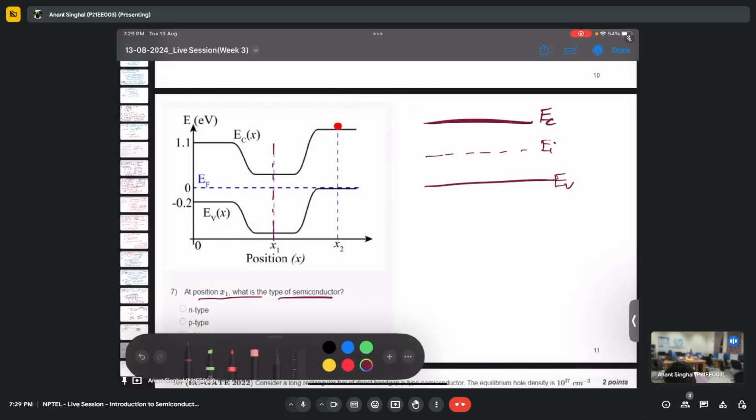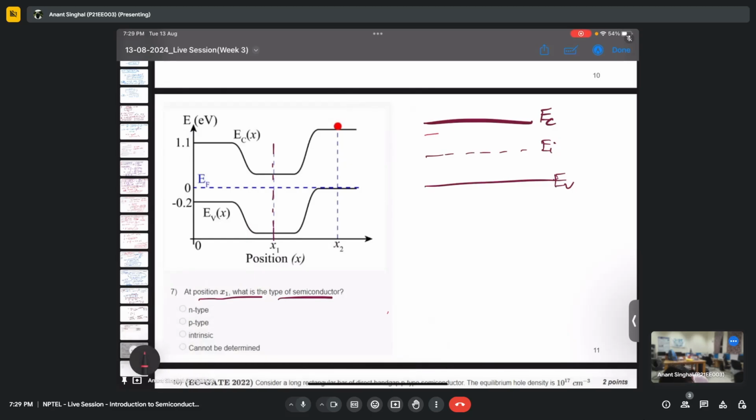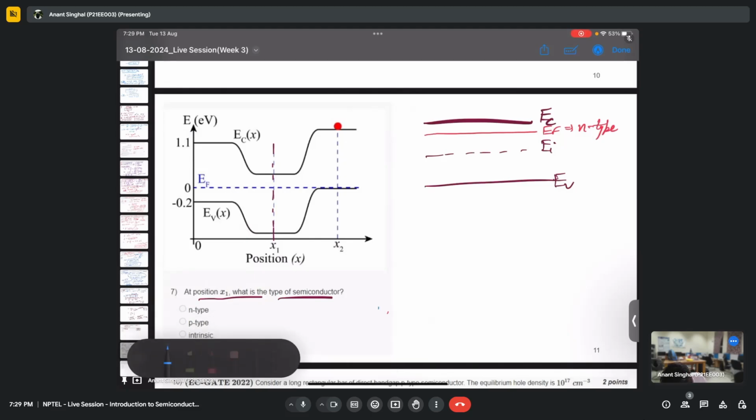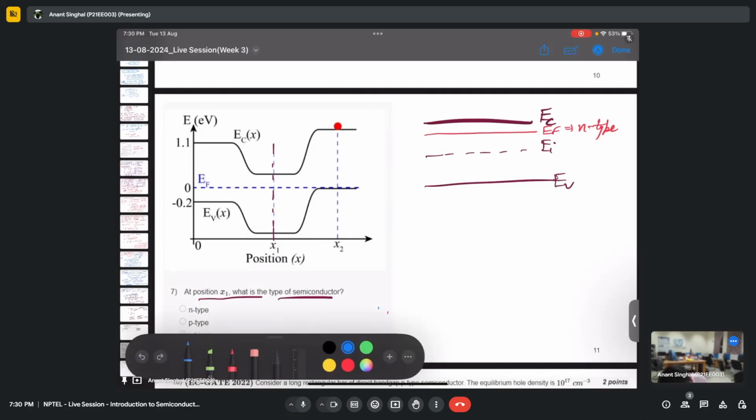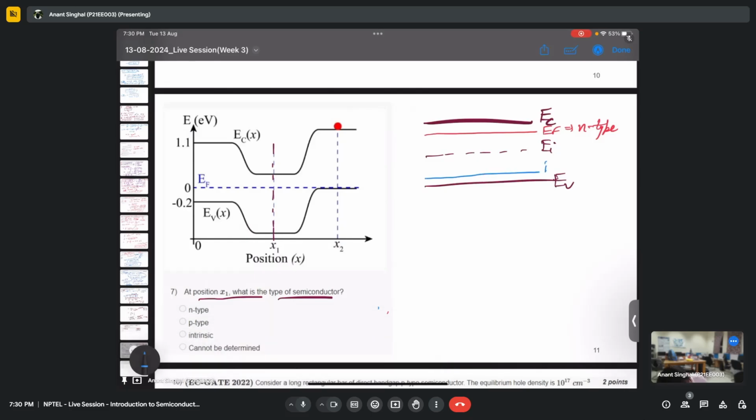This is a very basic level question. If the Fermi level is close to the conduction band, then we have an n-type semiconductor. Similarly, if the Fermi level is close to the valence band, then we have a p-type semiconductor.